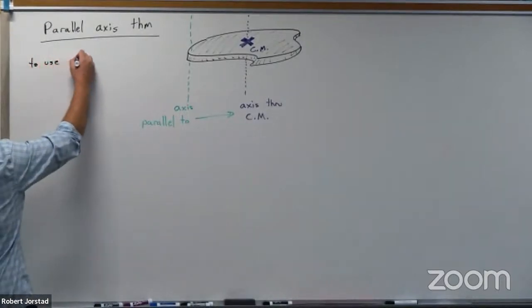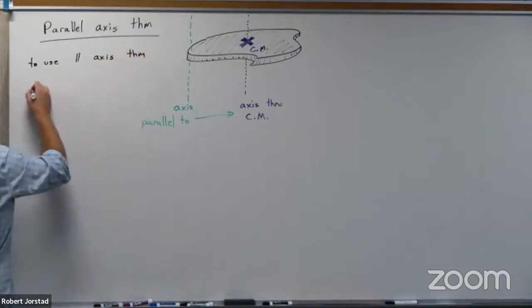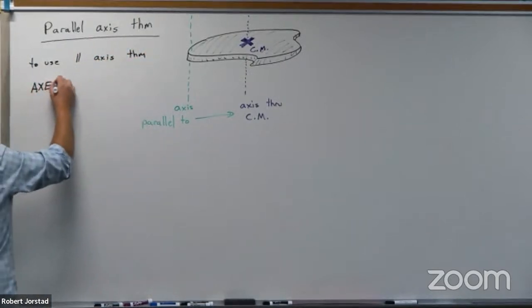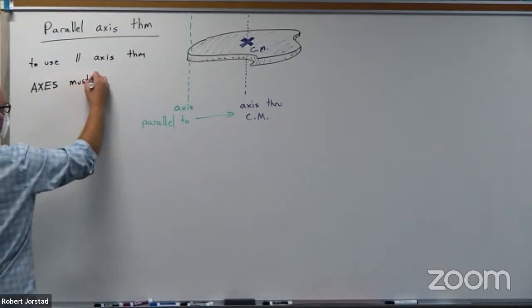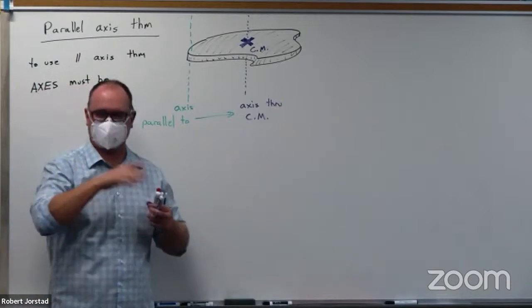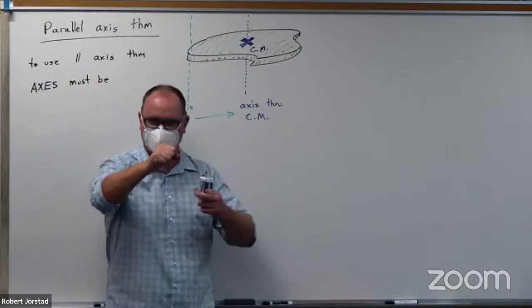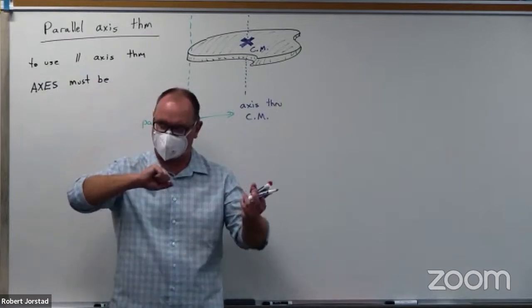To use parallel axis theorem, axes must be parallel. The main way students screw this up is you grab the wrong thing out of the table, right? If you look in the table, there's many different axes in there, and you grab one that looks like the right shape, but it doesn't have the right orientation.